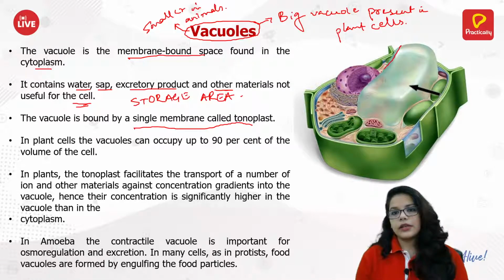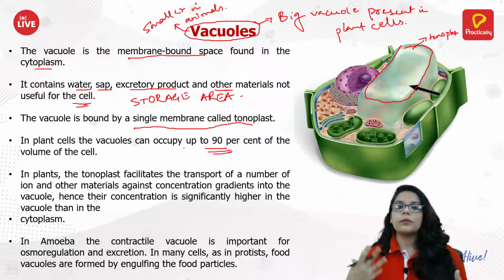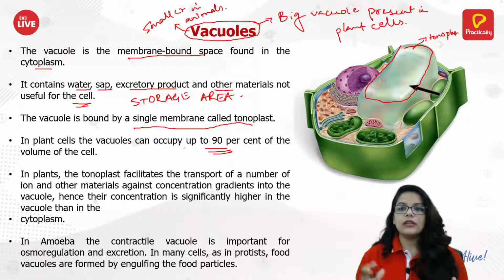Okay, there is a membrane over it, that is known as tonoplast. And these vacuoles can occupy around 90% of the volume.